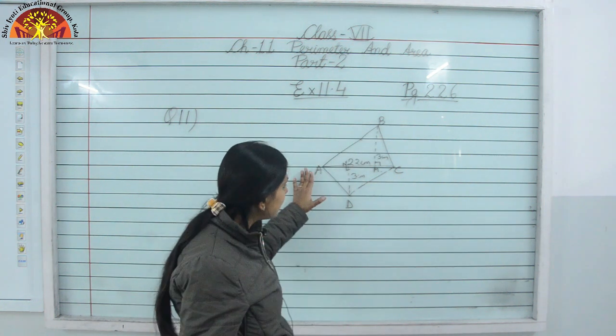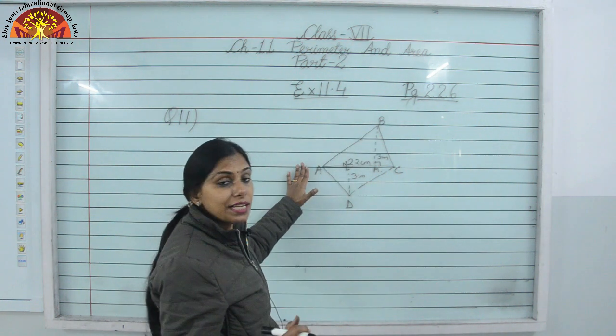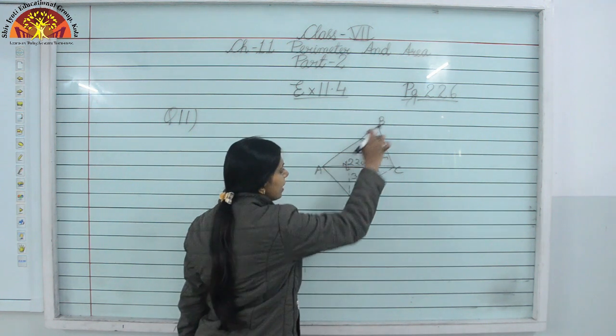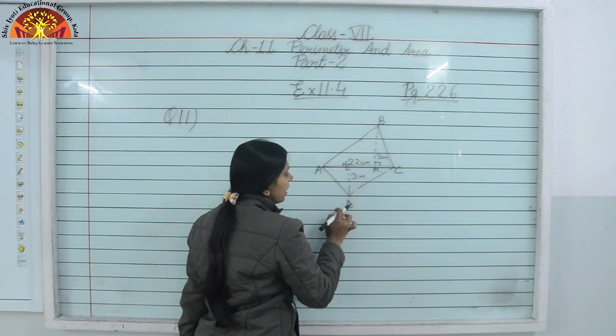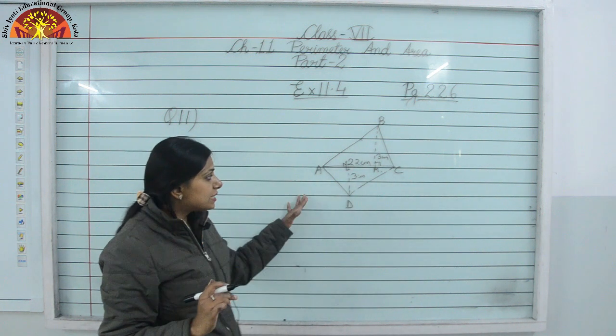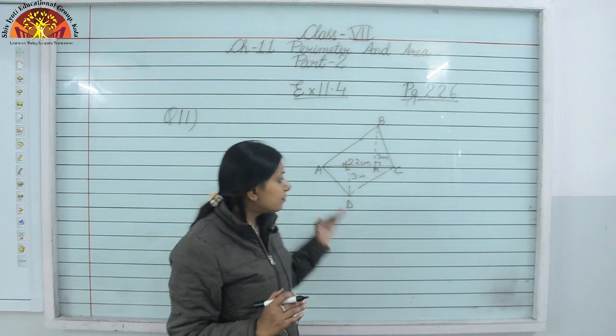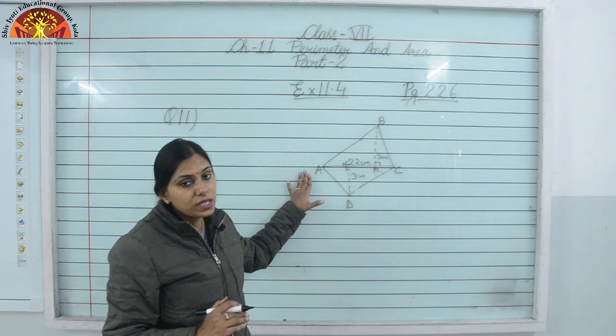Now children, you can see in this figure that this quadrilateral ABCD is divided into 2 triangles, that is the triangle ABC and the triangle ADC. So if we find the area of both the triangles and add them, then you can get the area of the quadrilateral.